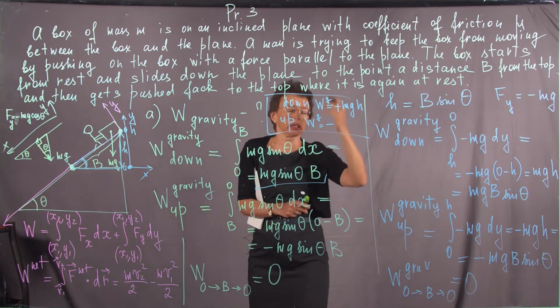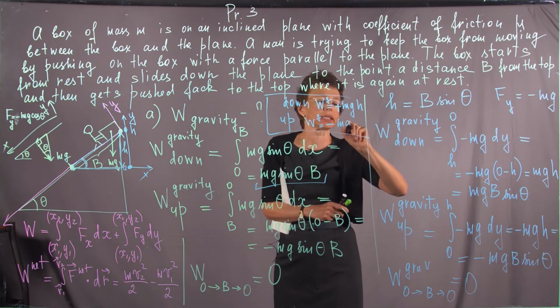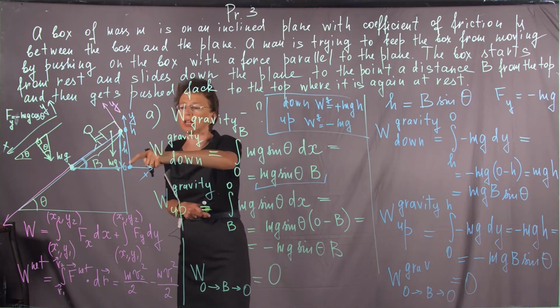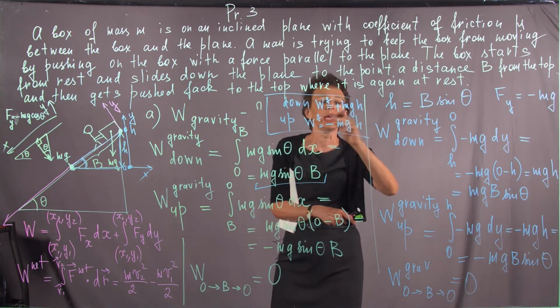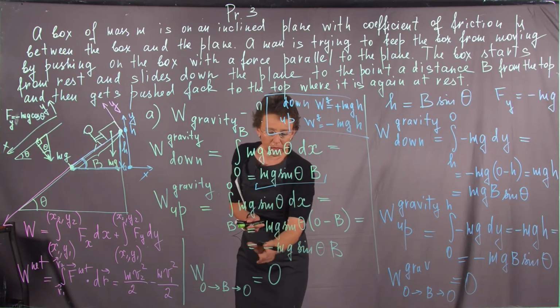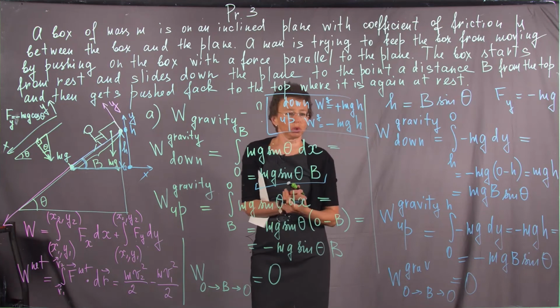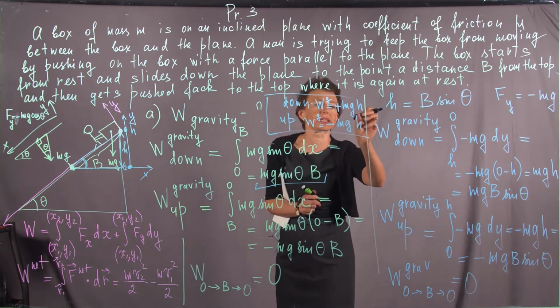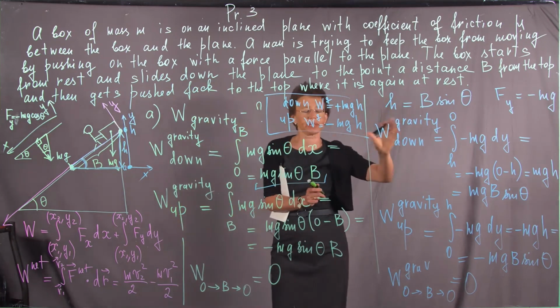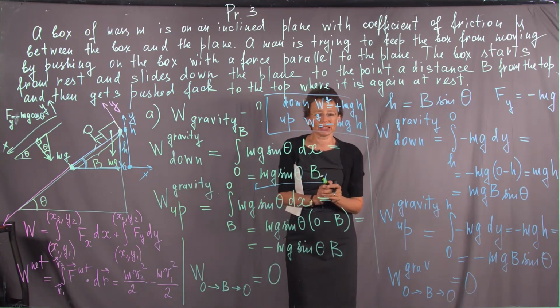What is the magnitude? Gravity is mg. The component of the displacement parallel to the force is h, and it is again minus mgh, same as we found when we took this integral. Now you express h in terms of what is given. In this case, it is b sine theta, and you get the same result.